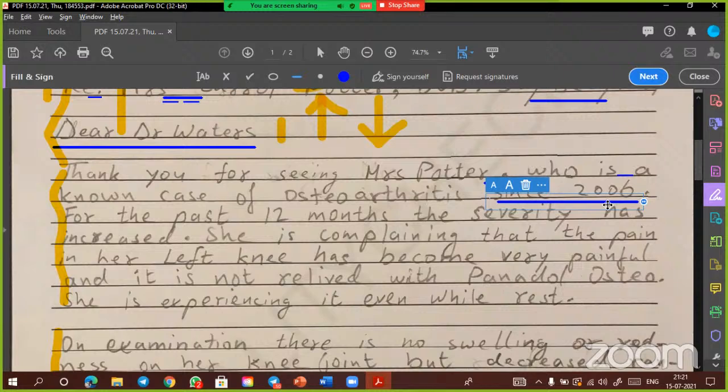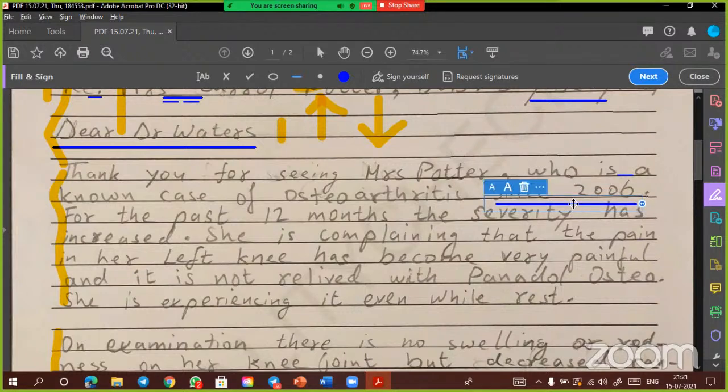Is means now. If you want to say who is a known case, then don't say since 2006. So you can use simple present tense without the since. Now it is correct. Who is a known case of osteoarthritis. That is correct. Otherwise, who has been. Okay, right.